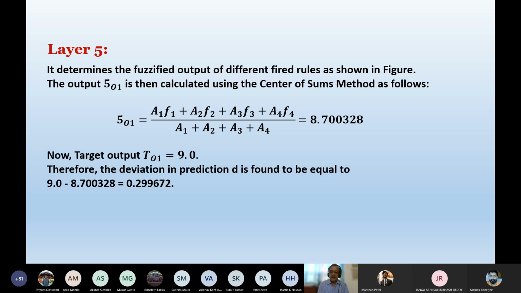So this is the way you can combine the genetic algorithm along with the neurofuzzy system to develop the genetic neurofuzzy system.